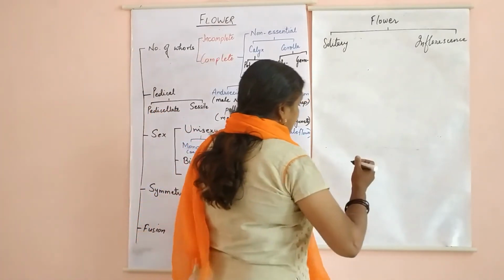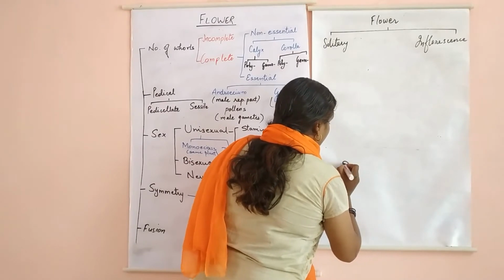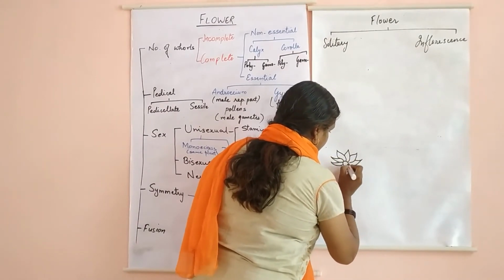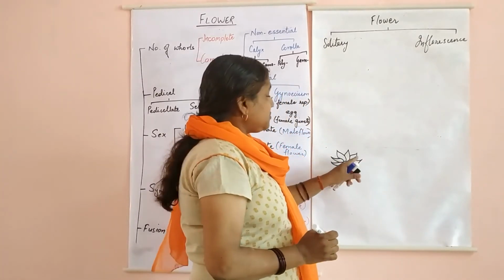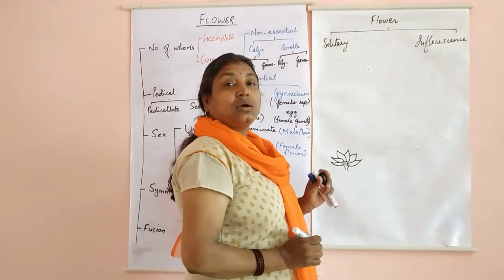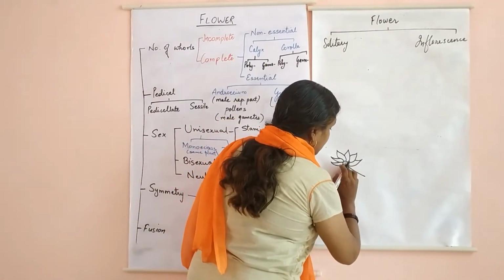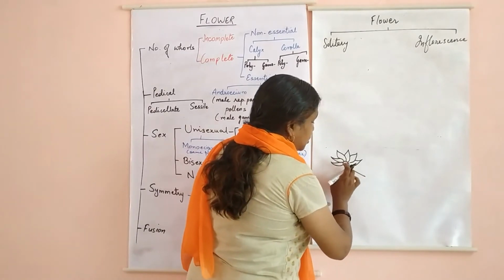For example, suppose I draw a sunflower. This is how a sunflower looks. Each petal is a single flower, and this is your floral axis.